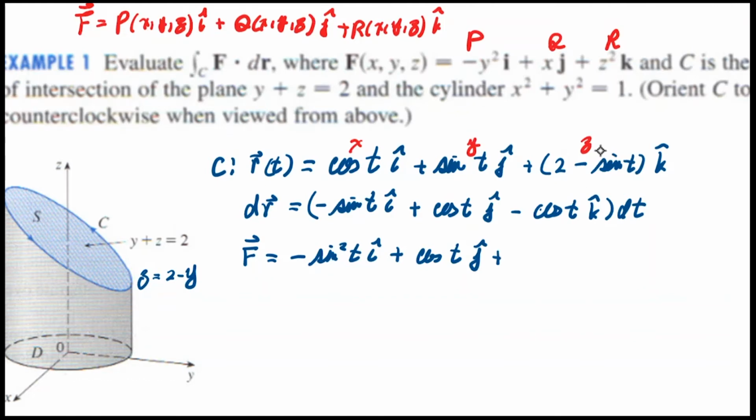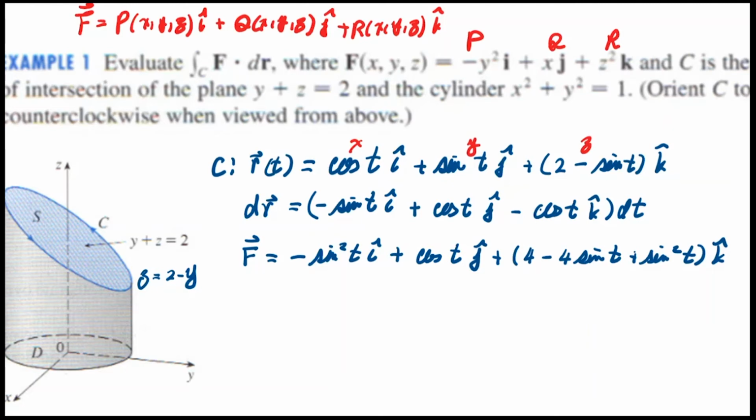This is z, so I need to square that. You suck it up and square it. So we have 4 minus 4 sine t plus sine squared t. You with me? Say yes.